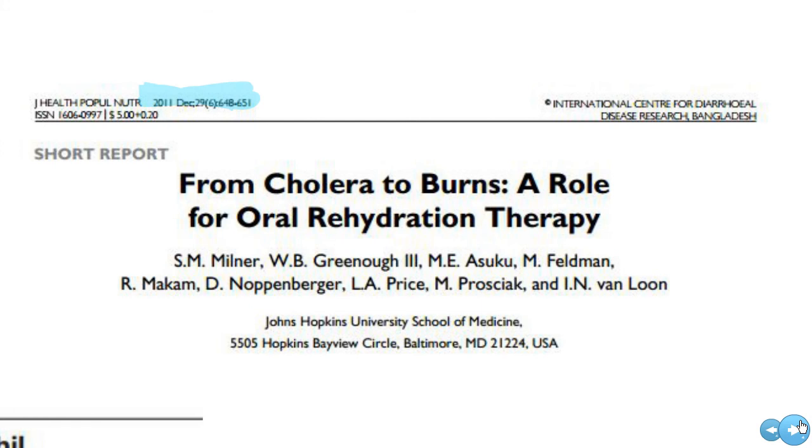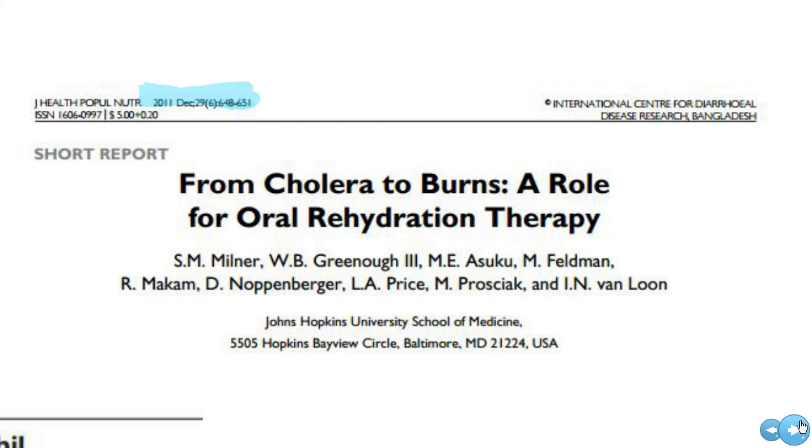But burn patients lose huge volumes of fluids because of all their losses. These patients had between 20 and 40% of their body's surface area burned. And within a couple days of starting ORT, the investigators found that the need for IV fluids had decreased by 48%, so basically halved the requirement for IV fluids.